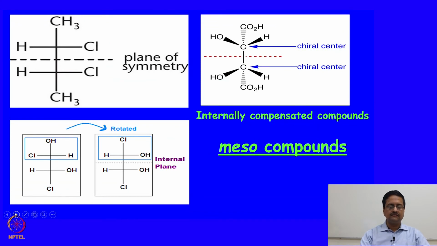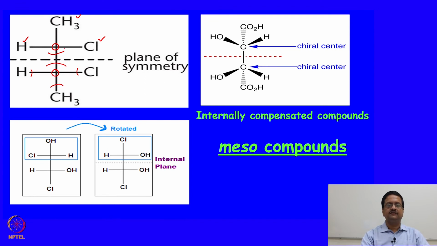Now, if we look at this particular case where I have two centers where both the centers have four different groups attached. Here I have hydrogen, chlorine, methyl, and a large group attached to this. Similarly, on this I have hydrogen, chlorine, methyl, and a large group attached to that.